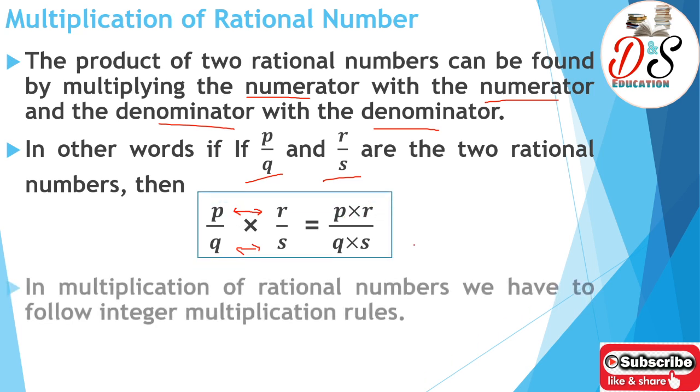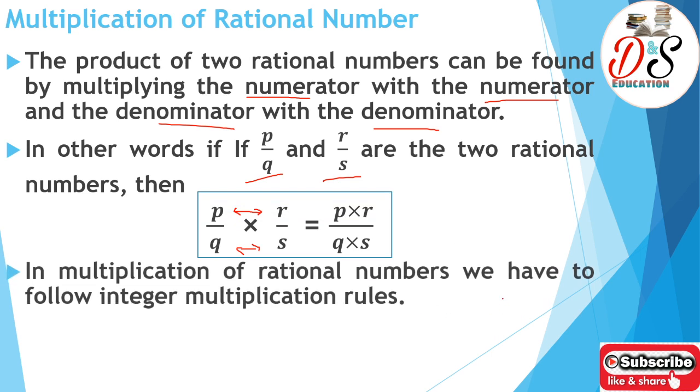Now moving on, in case of multiplication of rational number we have to follow integer multiplication rules। मतलब हमें रेशनल नंबर के मल्टीप्लिकेशन में इंटीजर के मल्टीप्लिकेशन रूल को फॉलो करना पड़ेगा। मतलब जब सेम साइन के रेशनल नंबर मल्टीप्लाई होंगे तो प्रोडक्ट क्या रहेगा, पॉजिटिव रेशनल नंबर। Suppose we have two positive rational number, we are multiplying them, then our product will be a positive rational number, or we have two negative rational number and we are multiplying them, then our product is a positive rational number, and for different sign we are getting a negative product.